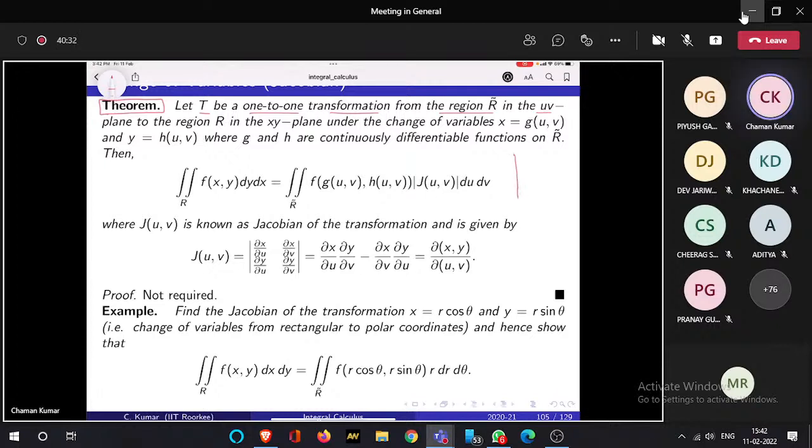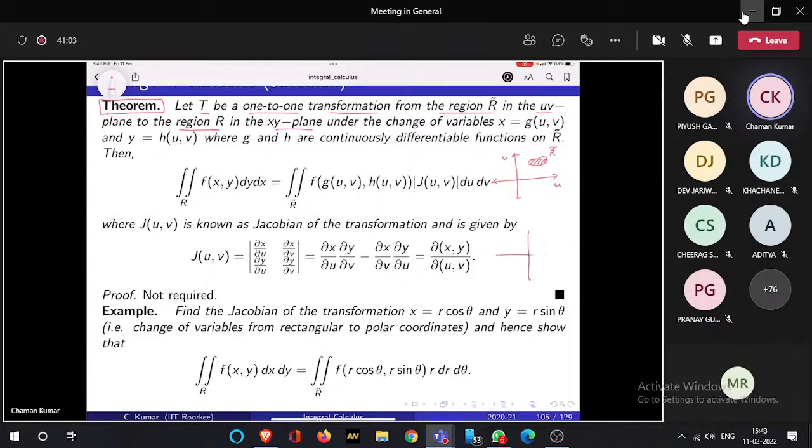So you have, let's say, this UV plane, and let us say that this region is there in the UV plane, and this region is R tilde, to the region R in the XY plane.